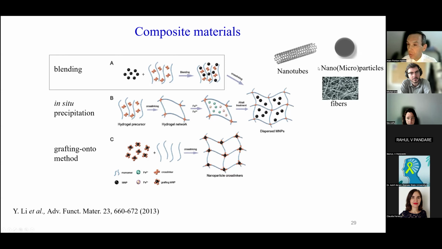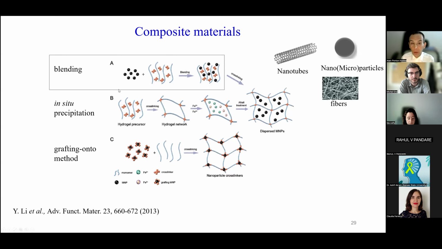These fillers could be nanotubes, nano or microparticles, or fibers. And you can have different composite materials depending on the interactions between fillers and polymer matrix.